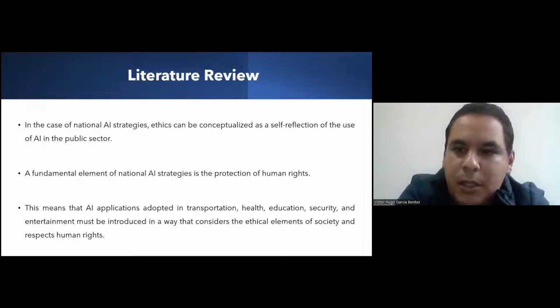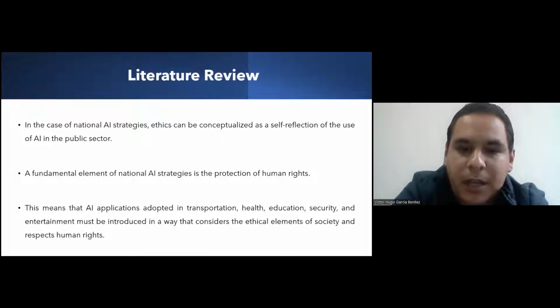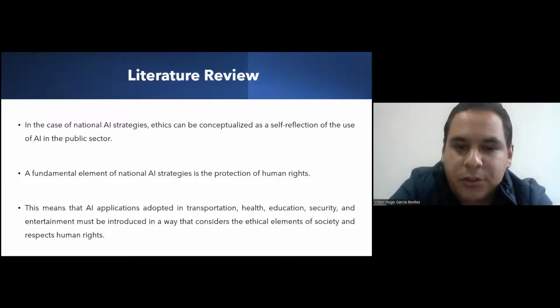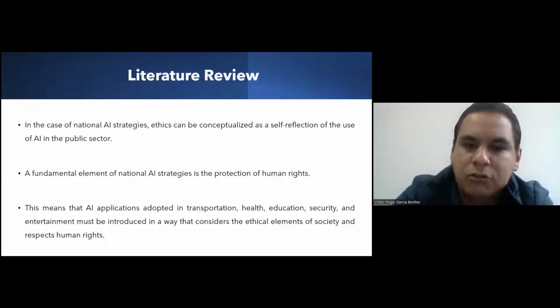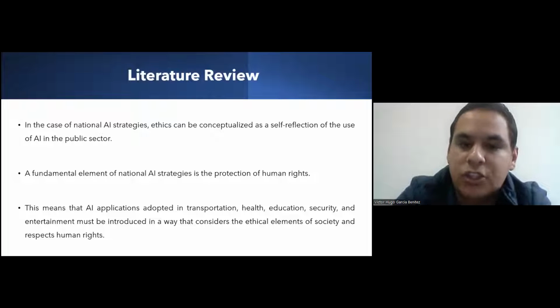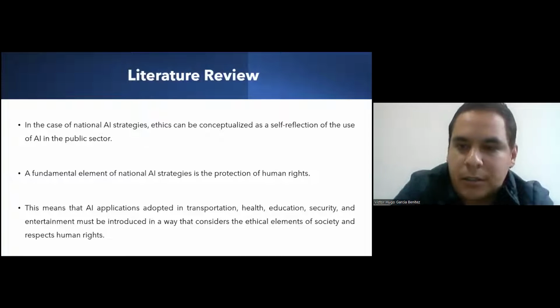In the case of national AI strategies, ethics can be defined as a self-reflection on the use of AI in the public sector. In addition, ethics is considered a discipline that analyzes and reflects on the rules, norms, and values that guide society. A fundamental element of national AI strategies is the protection of human rights.